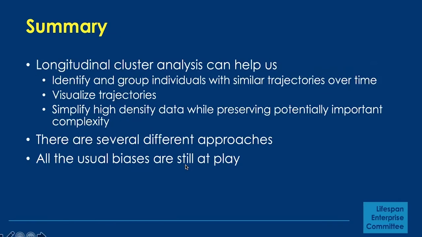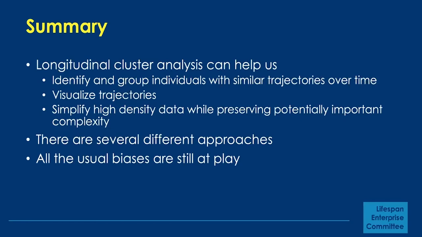So in summary, longitudinal cluster analysis can help us identify and group individuals with similar trajectories over time. They can help us visualize trajectories, which I think is really important and can be really useful for understanding data and generating hypotheses. And these cluster analyses can simplify high density data while preserving potentially important complexity when trying to study an exposure outcome association.